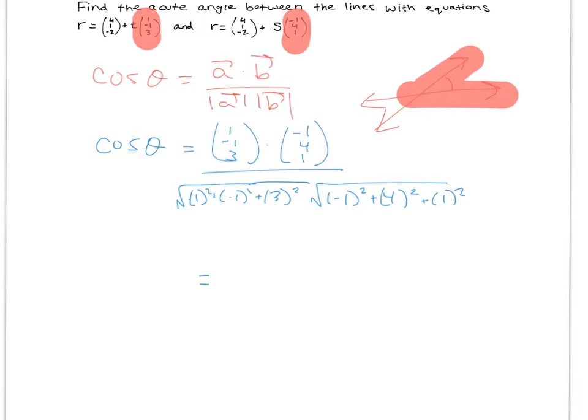Let's see. We have 1 times -1 is -1, -1 times 4 is -4, 3 times 1 is 3, and then in the bottom we have the square root of 1 plus 1 plus 9 times the square root of 1 plus 16 plus 1.